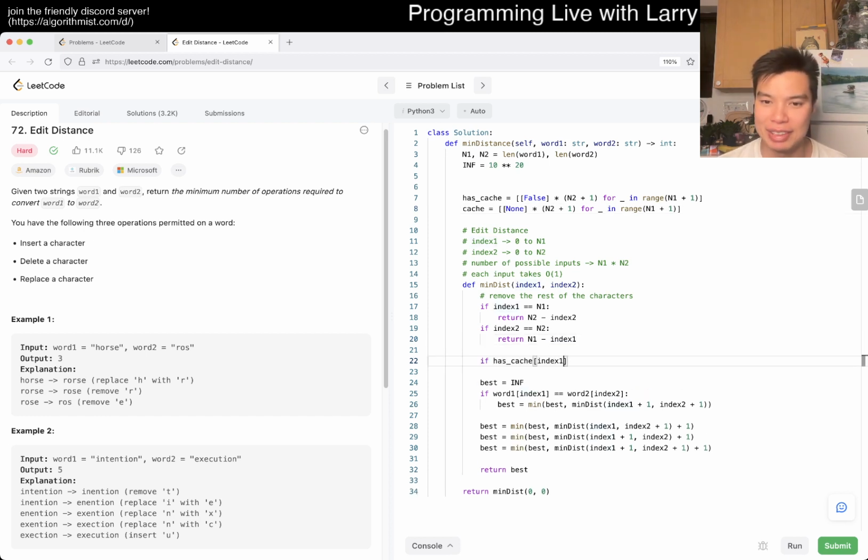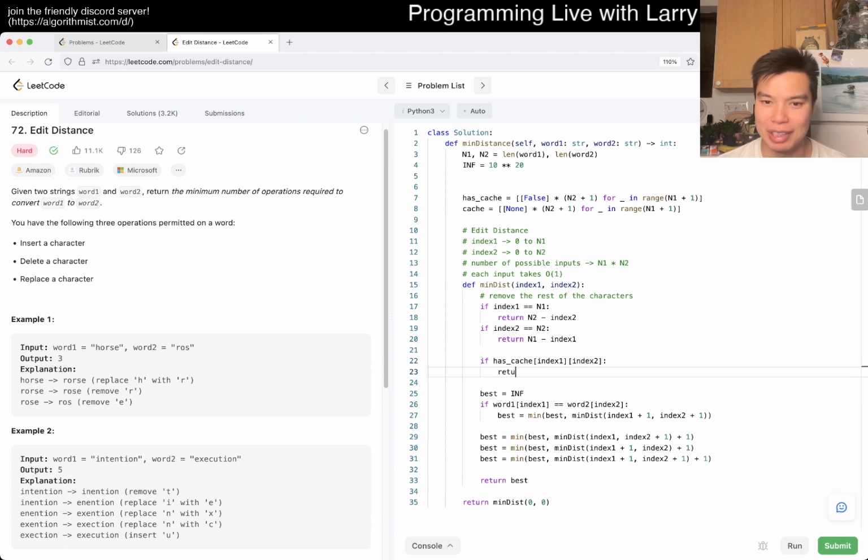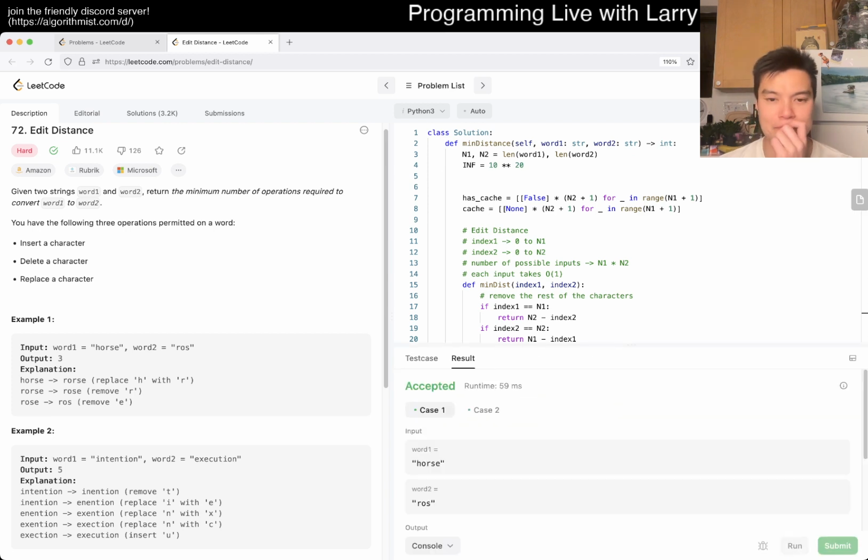If the cache has these indexes, we just return the cache. Otherwise, we save it after we do the calculation. Looks okay, and you can see that the runtime improved drastically.